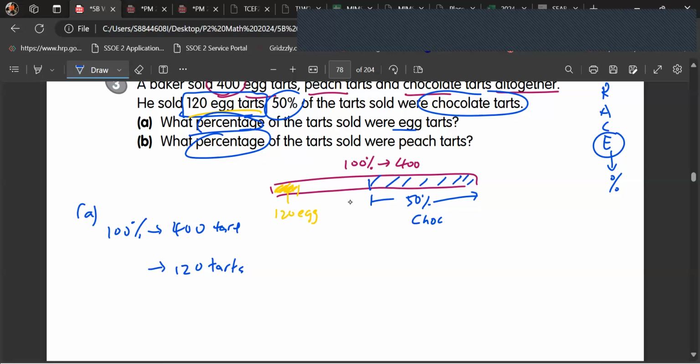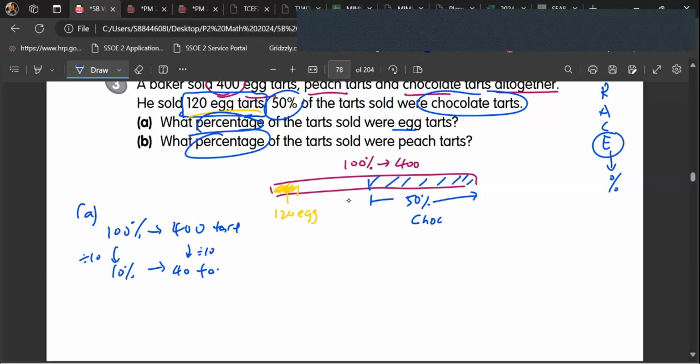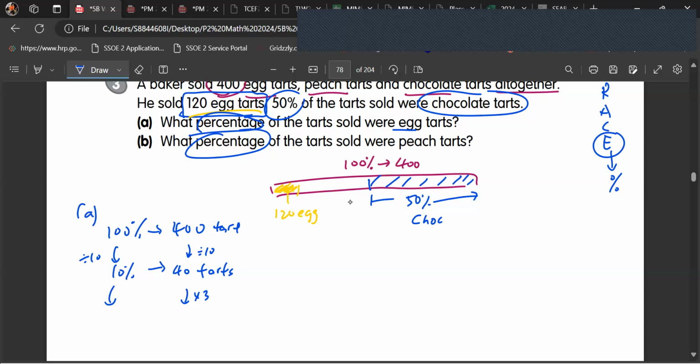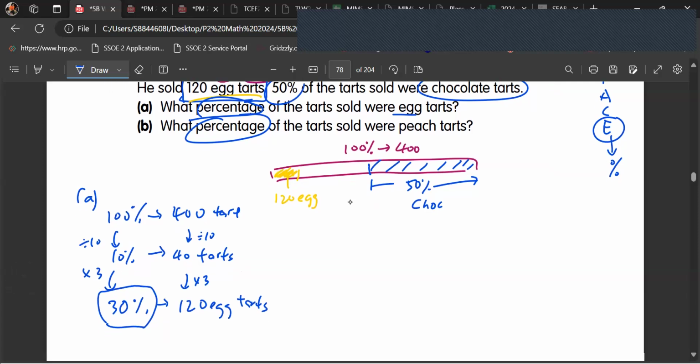So if I do backward thinking, first I divide by 10. So 10% is 40 tarts. Okay? Then 40 I times 3, and then I get 30% equals 120 egg tarts. So egg tarts is 30%. That's the answer. But I need to know how to get here.